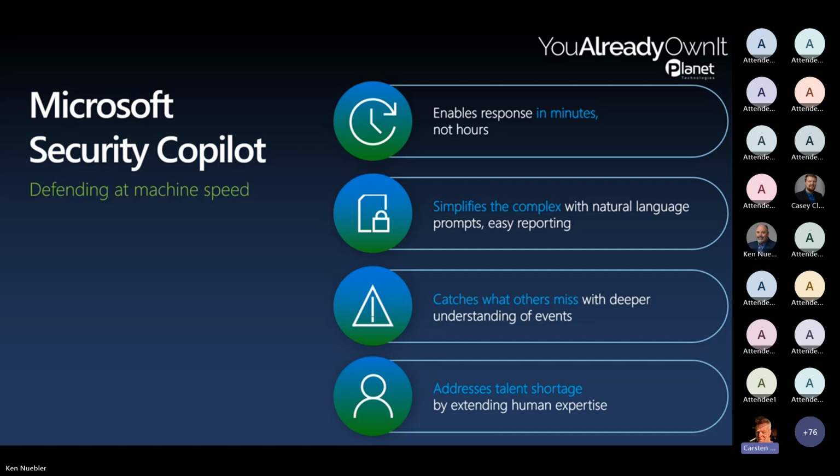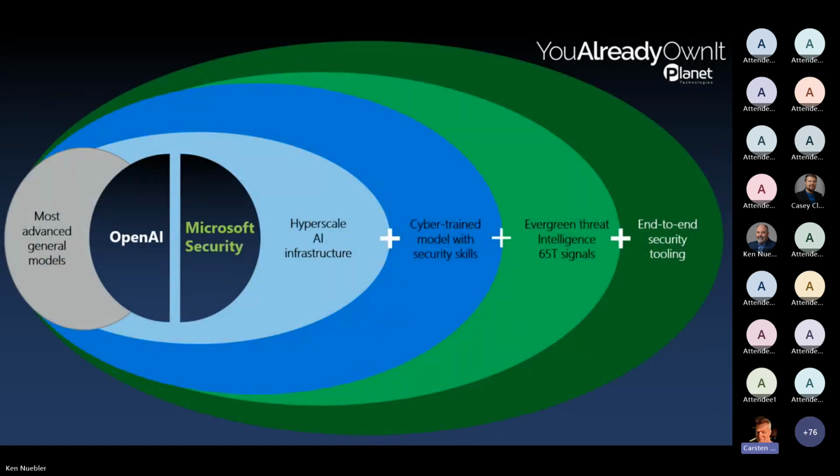Excellent. So going forward with this, Security Copilot is built using OpenAI's large language model. And it is built at hyperscale in the AI infrastructure in Microsoft, of course. It's paired with Microsoft Security's own capabilities and knowledge, what they have gained over years working in this space. And of course, the language model itself is trained with security-specific skills.